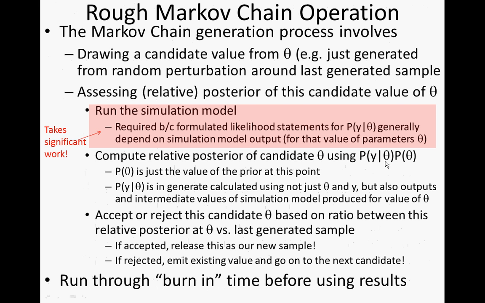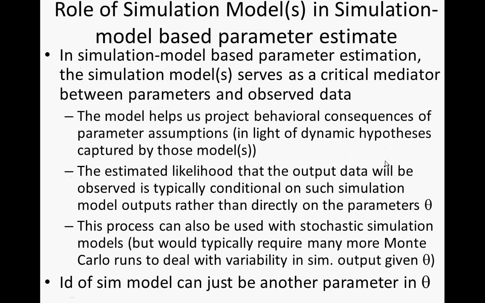So the model, in short, helps us project behavioral consequences of parameter assumptions in light of dynamic hypotheses captured by those models. And typically, the estimated likelihood that this output data will be observed, given a particular value of parameters, is conditional on simulation model outputs rather than directly on the parameters.